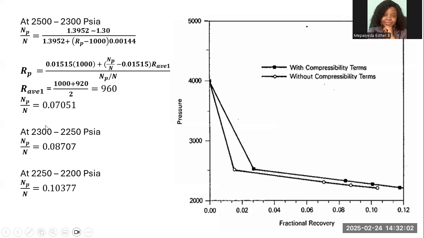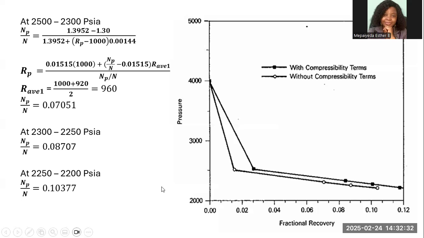If you try at 2,300 as it drops to 2,050 psi, your Np over N is estimated to be 0.08707. At 2,250 to 2,200 psi, you have your Np over N to be 0.10377.